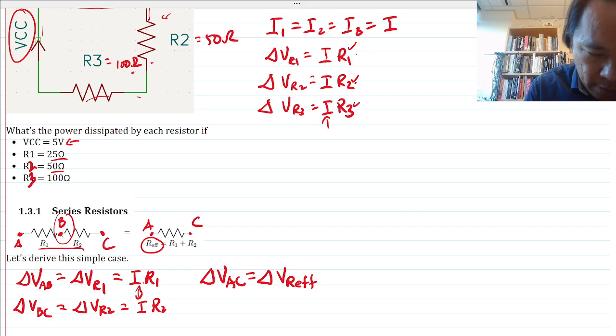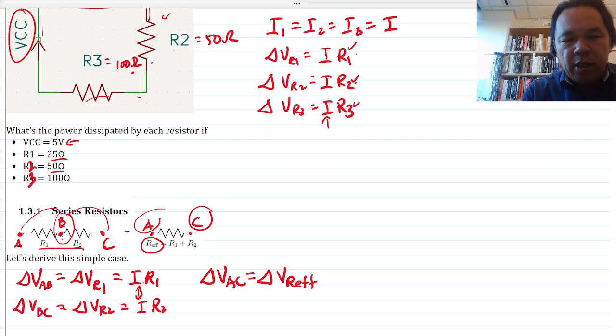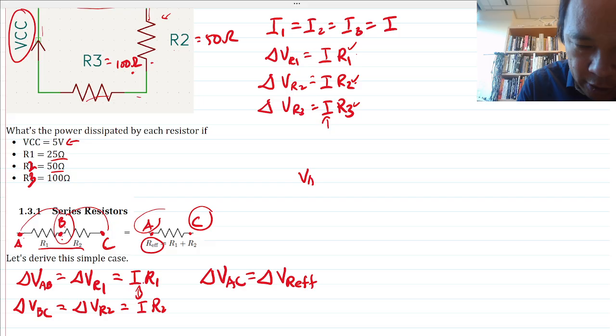Okay. But one thing we know is that if I have voltage A, jump to voltage B, jump to voltage C, then the change in voltage between A and B plus the change in voltage between B and C will equal the voltage change between A and C. So let's just make up some numbers to make this a little simpler. Let's say voltage at A is 10 volts, voltage at B is 5 volts, voltage at C is 2 volts.